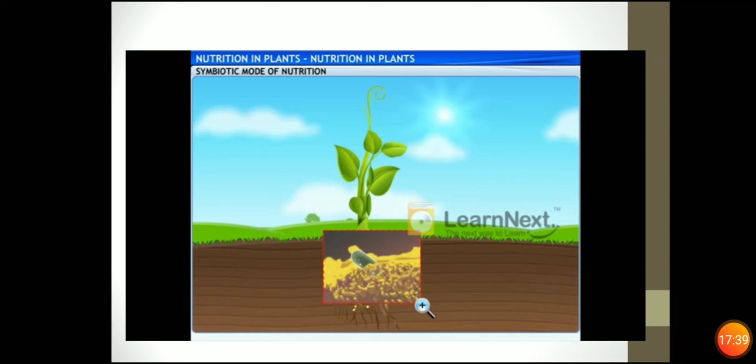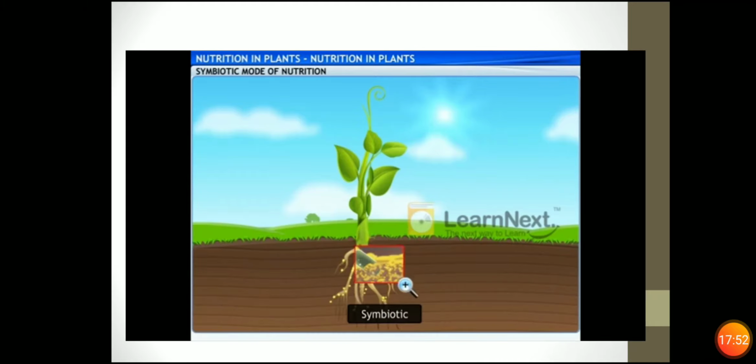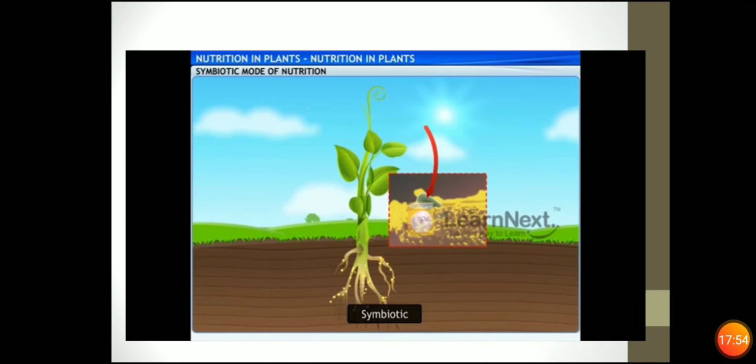The plant provides nutrition to the microorganism for their growth. Such an arrangement is called a symbiotic relationship.